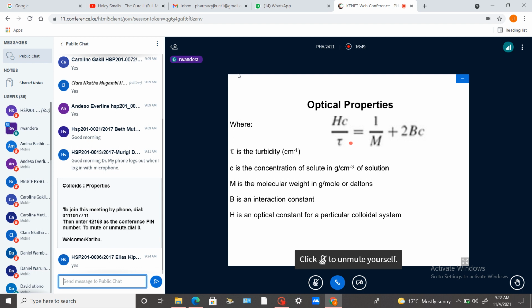B is an interaction constant that is given, and H is an optical constant for a particular colloid. So B and H are known. So whatever is unknown here is the molecular weight. So you can use the same expression based on the light scattering effect of colloidal dispersion to be able to determine the molecular weight of your colloid.